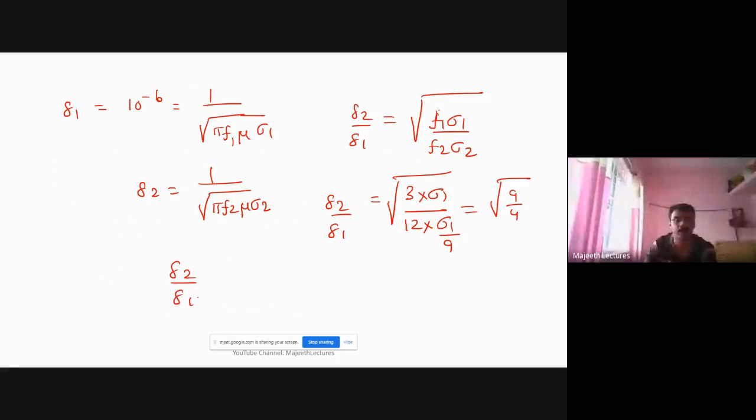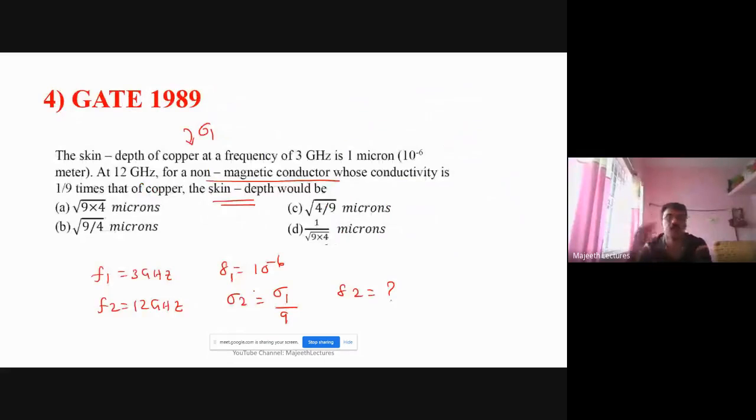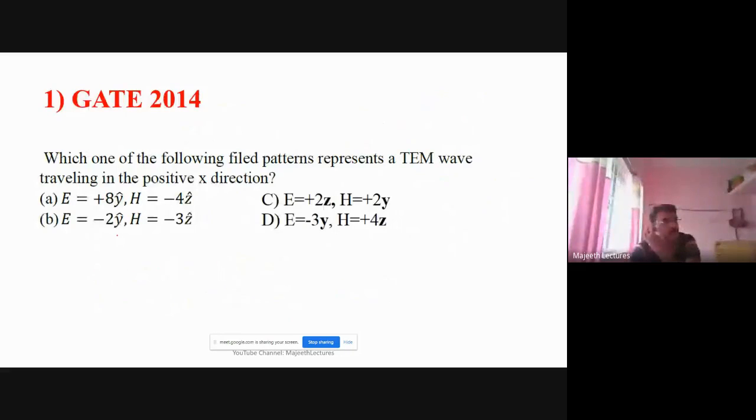Del 2 by del 1 is 9 by 4. So they ask the skin depth, del 2 by del 1, it is root of 9 by 4 microns. Right? That's what we got, del 2 by del 1, the ratio.